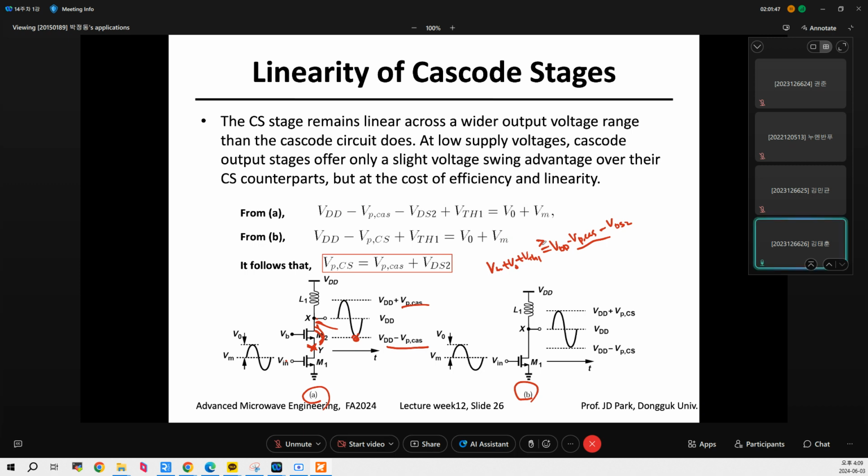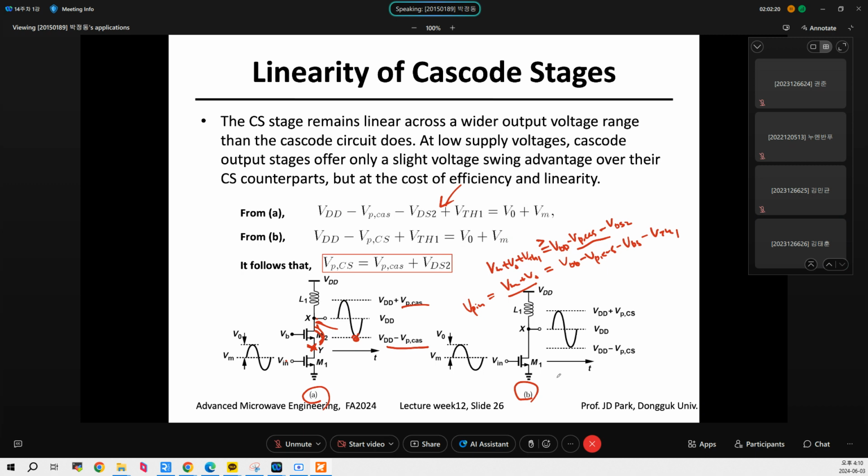Therefore, for the peak input, VM plus Vout is VDD minus VP cascode minus VDS2 minus V threshold 1.